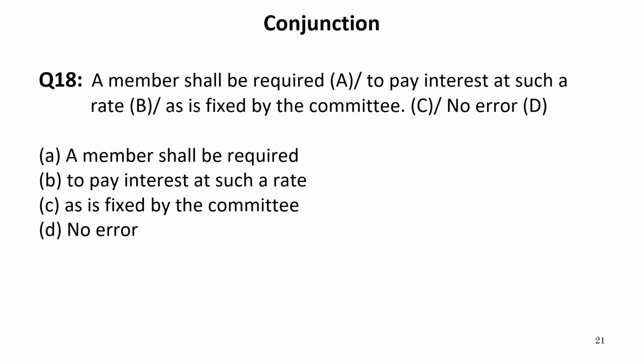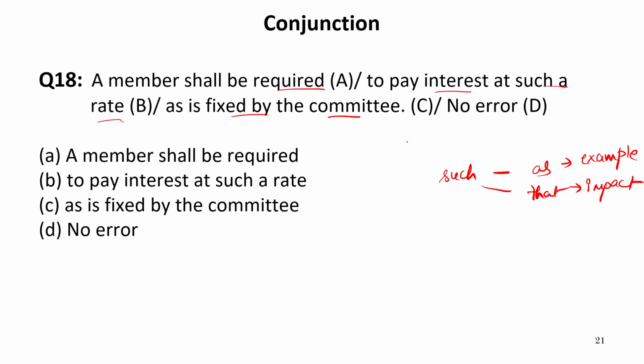A member shall be required to pay interest at such a rate as is fixed by the committee. Now, "such" is always paired with either "as" or "that". When we use "such as", it shows the example or the sample of something, whereas "such that" shows the impact or the intensity of the impact.